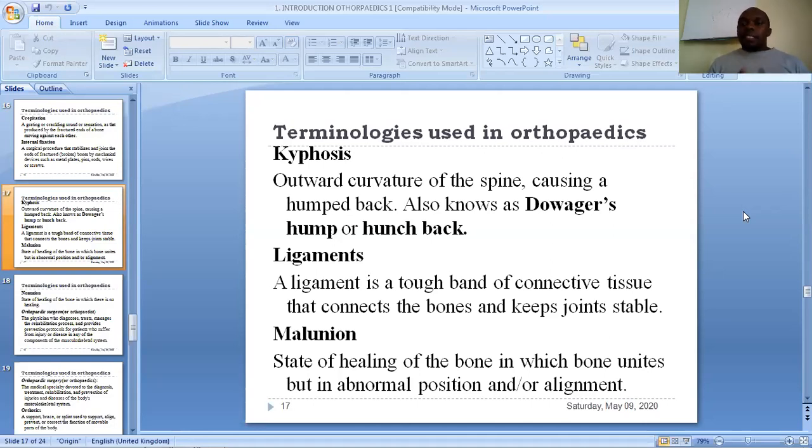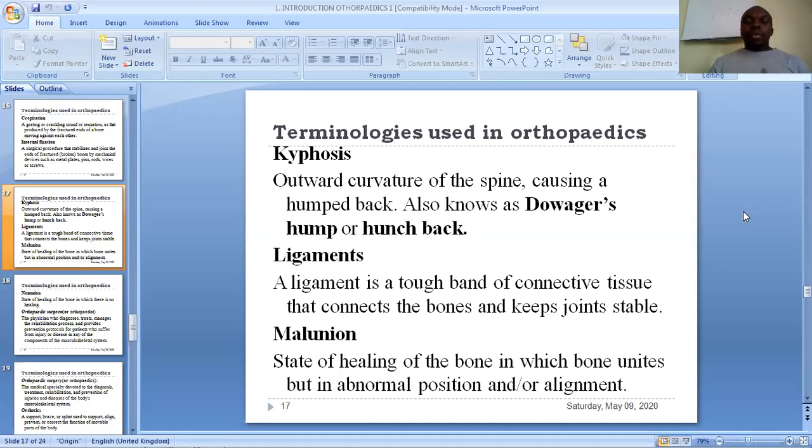The only difference is a tendon connects bone to muscle, like the calcaneus tendon connecting some muscles of the calf to one of the tarsal bones in the foot. Whilst a ligament connects bone to another bone, but they are both connective tissues.